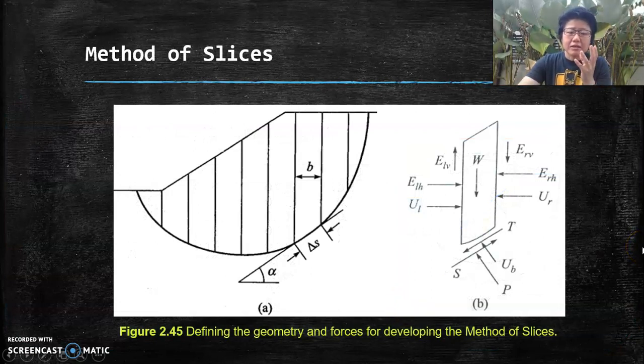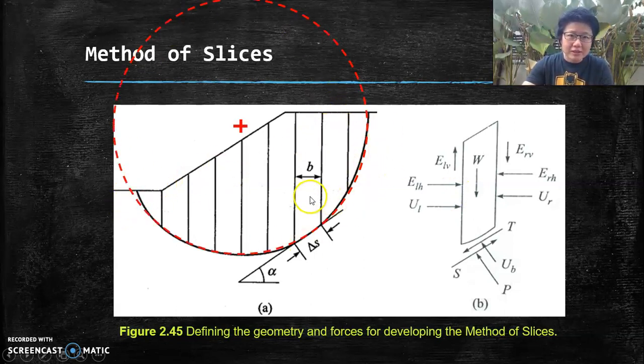And the last method that we would like to look at is the method of slices. This is again very common, and it's graphical. So provided you like to draw, and provided you know how to draw it correctly, this is how it works. As you can see again, there's our slope, the base, the top, and this is actually part of a circle. And this is the center of the circle. You could see from this diagram here, it could be anywhere.